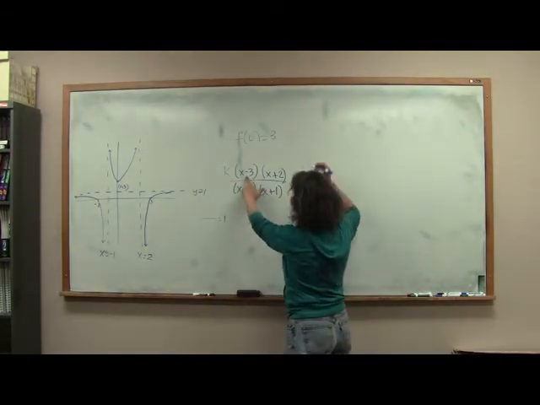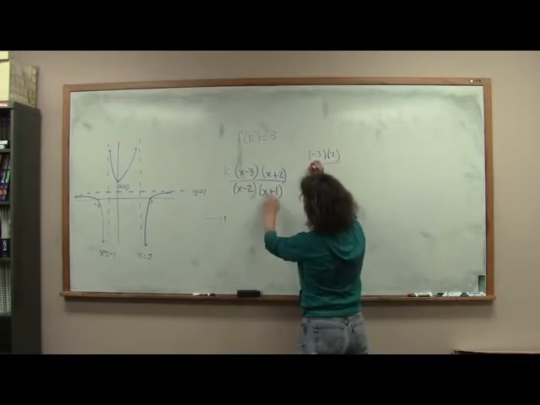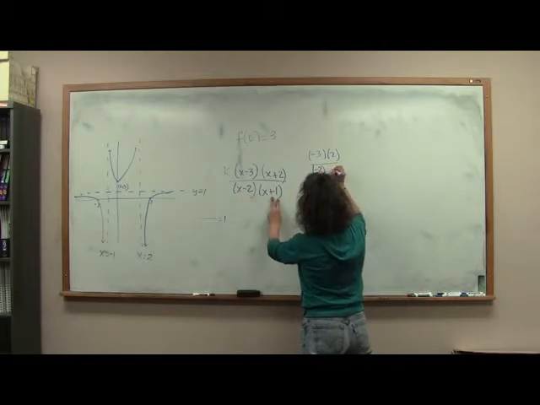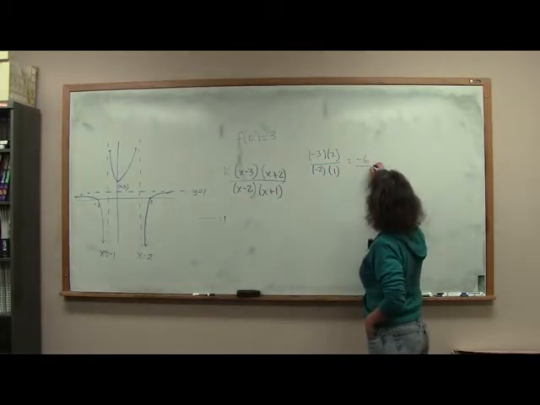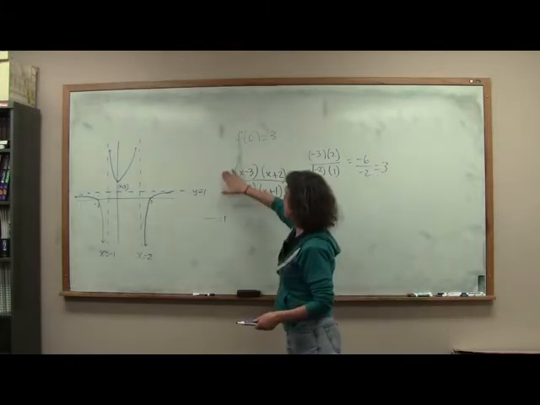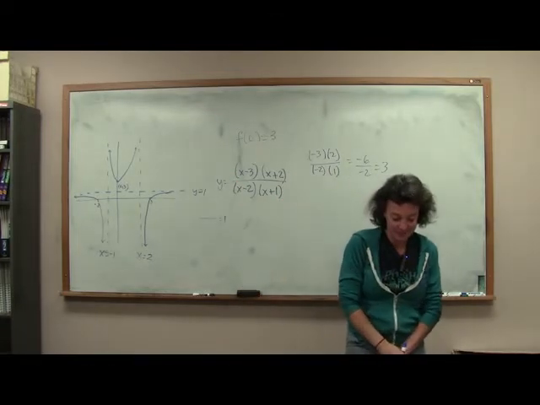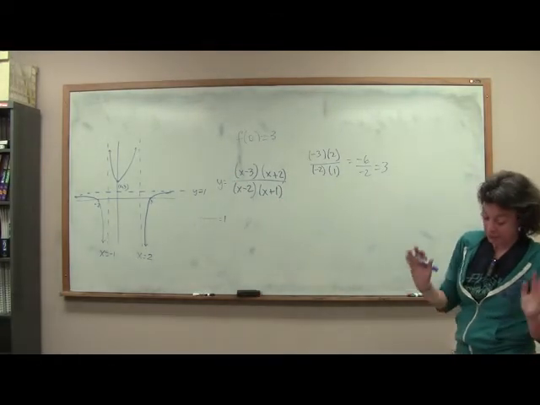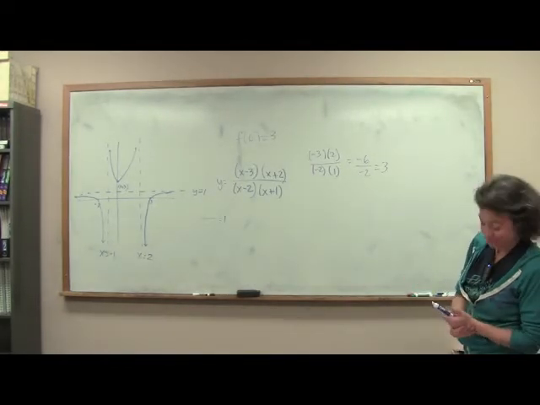If I plug in x equals 0, I have a -3, a +2, a -2, and a +1. So I have -6 over -2, which is 3. So we already have it. And here's our function. I would not multiply it out. Leave it in factored form.